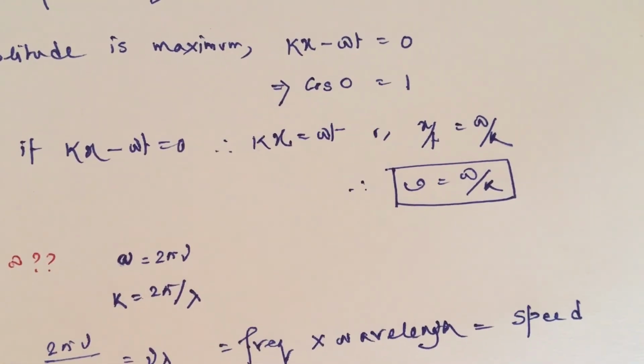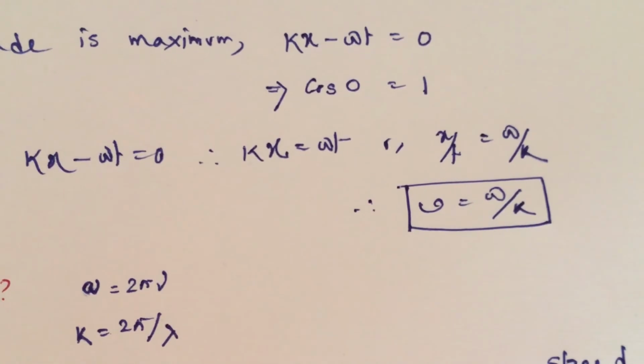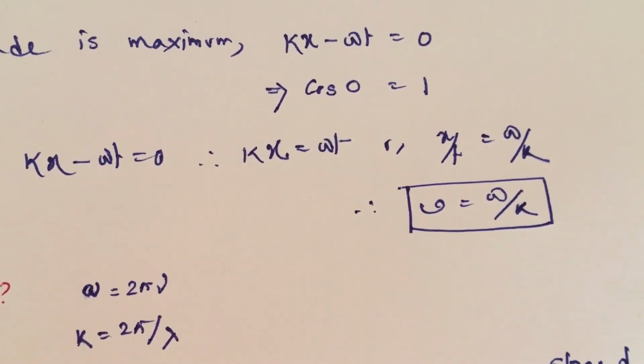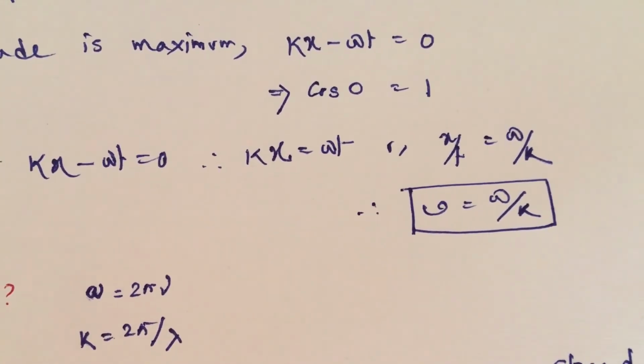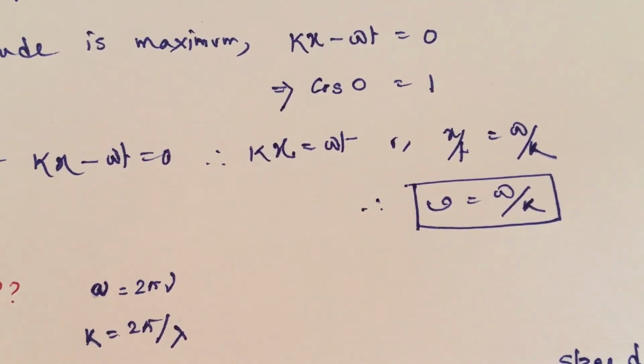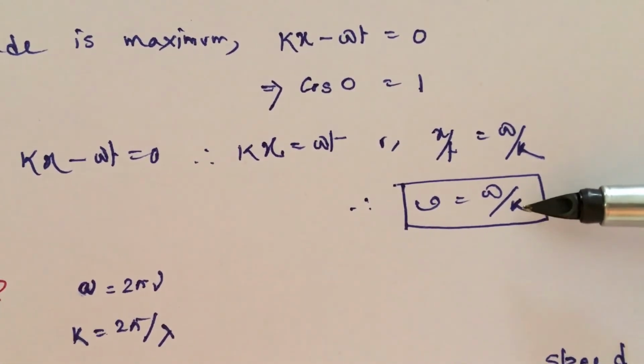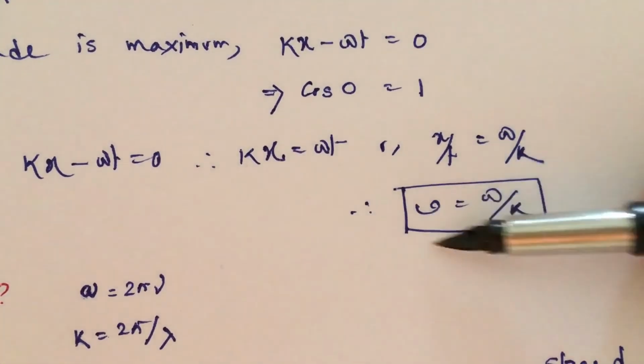And if kx minus omega t equals 0, then kx equals omega t, and then x by t equals omega by k. x is position, t is time, so the speed v equals omega by k. So if I have omega and k, I will have information about the speed of the wave.